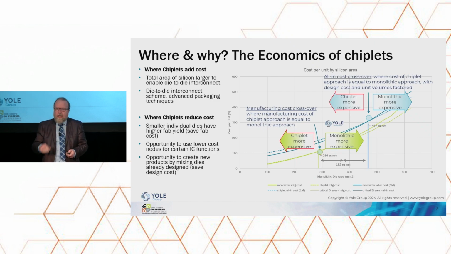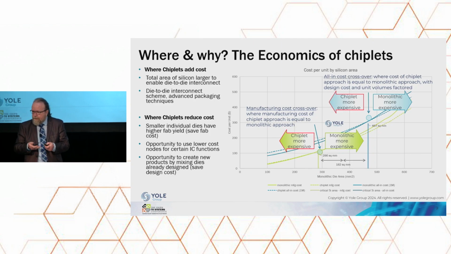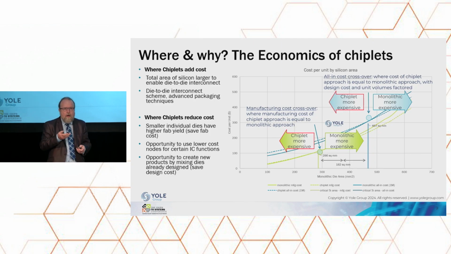So what are the economics of this chiplet? Well, we've done some research and some analysis here about why chiplets aren't the solution for everything, and when they are going to become the solution for most things. So one of the things you have to understand about chiplets is I'm not here to propose that chiplets are going to solve all the problems.